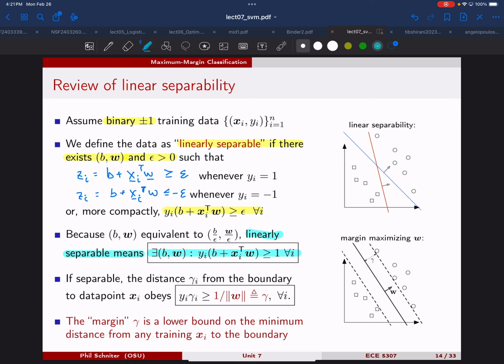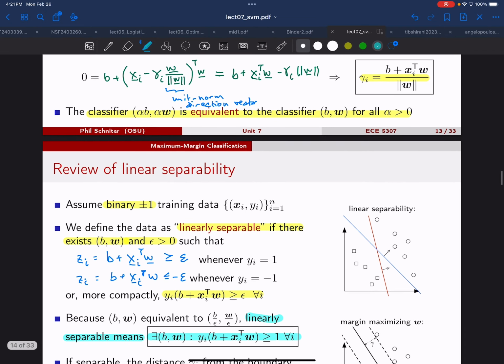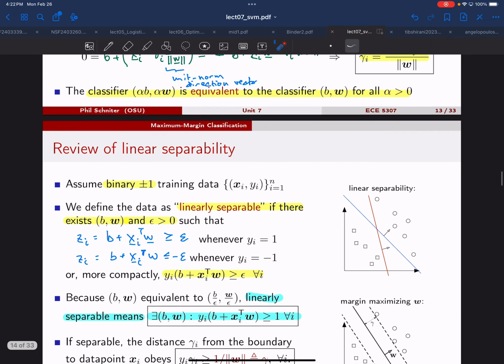But we can make one last observation. Notice that this quantity here, we can see that reflected here. And in fact, by moving w over to the other side of this, I could rewrite this as norm of w times gamma i. So let's do that.